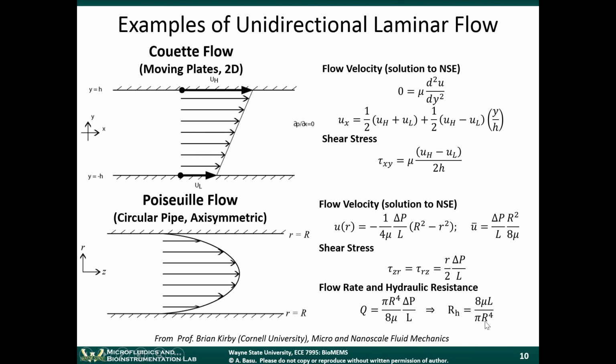Notice we have R to the 4th here. The hydraulic resistance really does depend on the radius of the pipe. It's the radius to the 4th power. So in microchannels, we get large hydraulic resistances. So you have to have relatively significant pressures driving flow through a microfluidic channel.